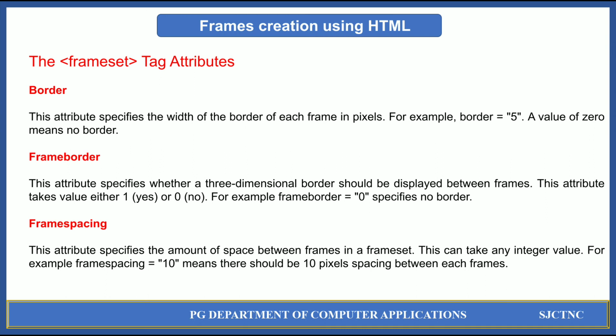If our page contains 3 frames, each frame has a difference, in the sense a space, of 10 pixels. So the first frame and second frame have a spacing of 10 pixels.